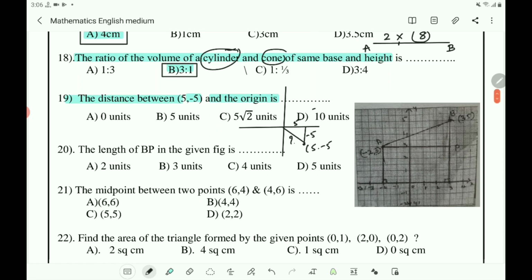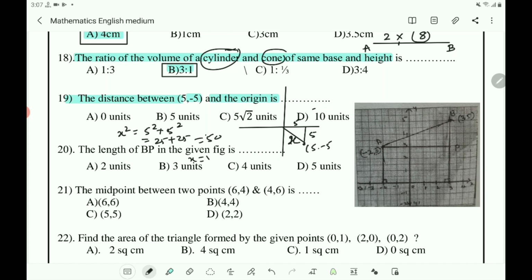Again you take the Pythagoras theorem here. If you consider this x, x square equals 5 square plus minus 5 whole square. The distance here is 5, so you take this as 5 only, because even though the coordinate is minus 5, you must take the positive value only. Then it becomes 25 plus 25, that equals 50.